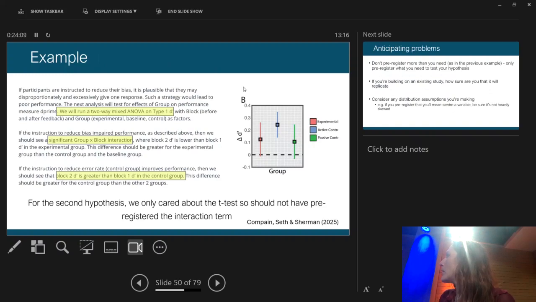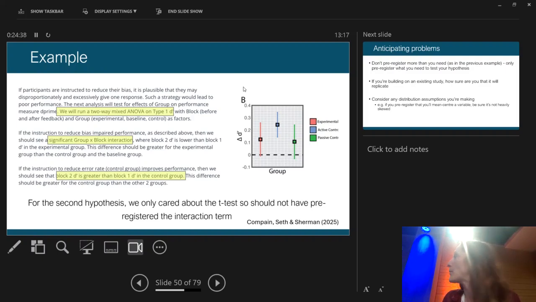An example of the problem with specifying things unclearly in your pre-registration. So this is one that I wrote with a PhD student. So I'm not going to go into everything, but we said that we would run a two-way mixed ANOVA on a measure of performance.